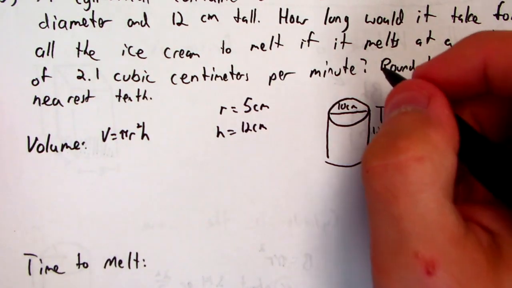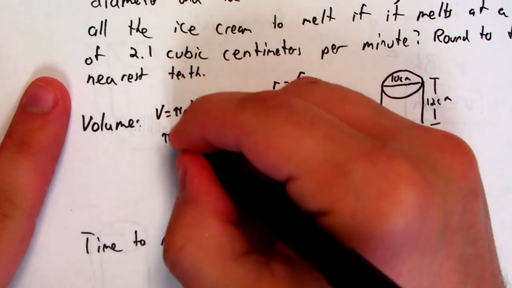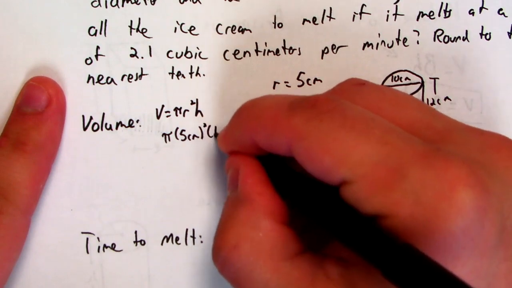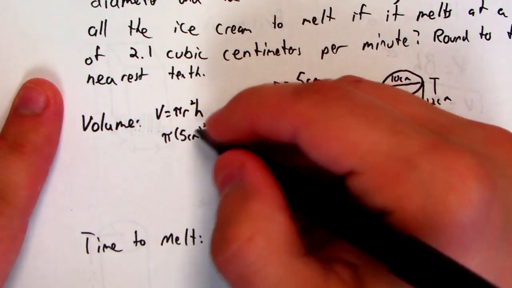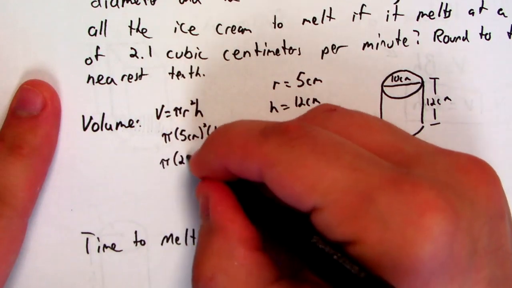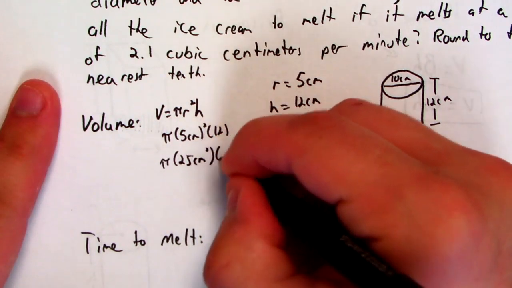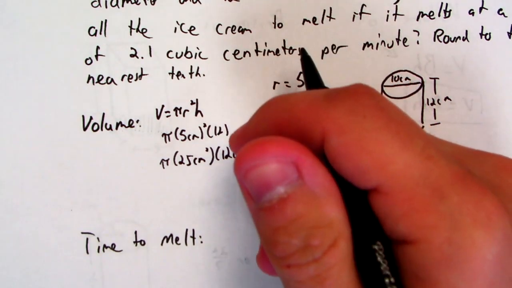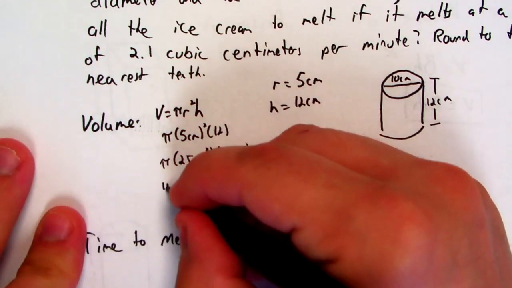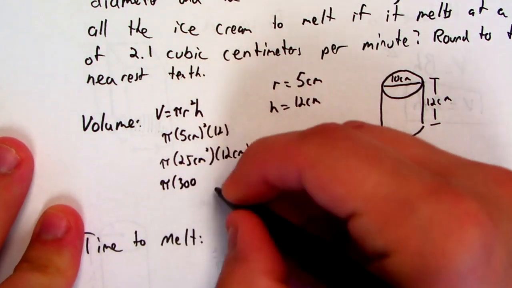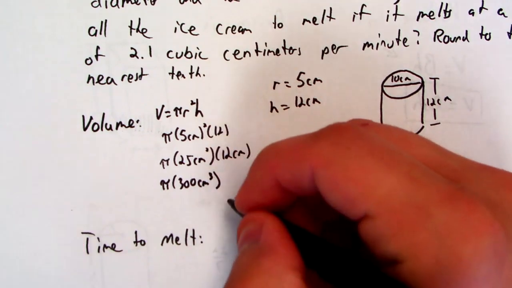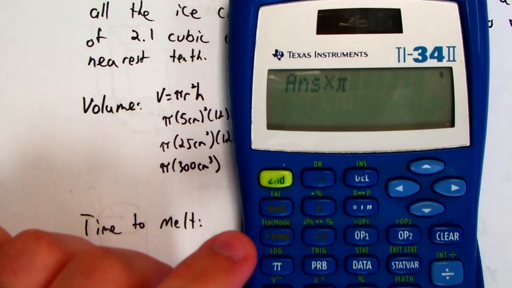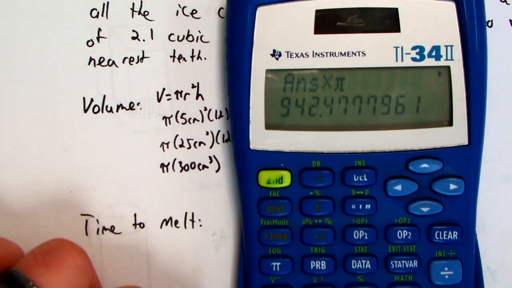So substituting values in, r again was 5, h is 12, 5 squared is 25, so this is pi times 25 centimeters squared times 12 centimeters. 25 times 12 would be 300. And then looking at the calculator here, 300 times pi is 942.5.